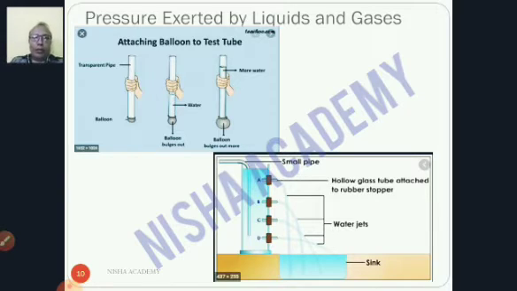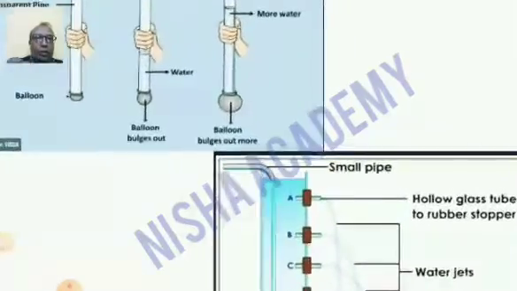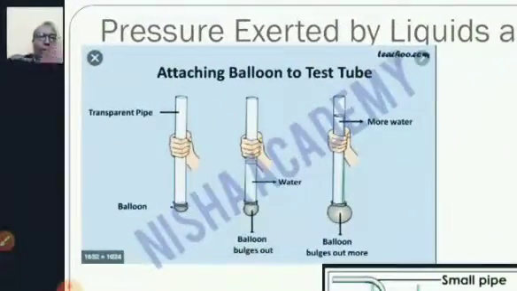Now let us see more. What you can see here in this figure, there are two figures shown. In the first figure, you can take a transparent pipe and tie a balloon at the other end. Now fill water up to some height.